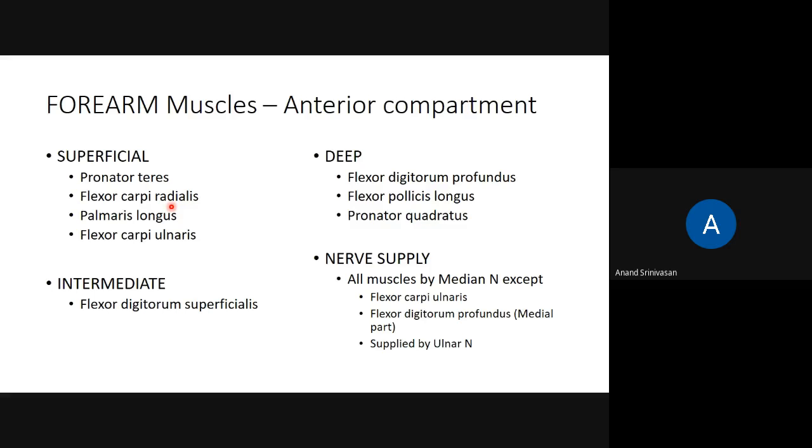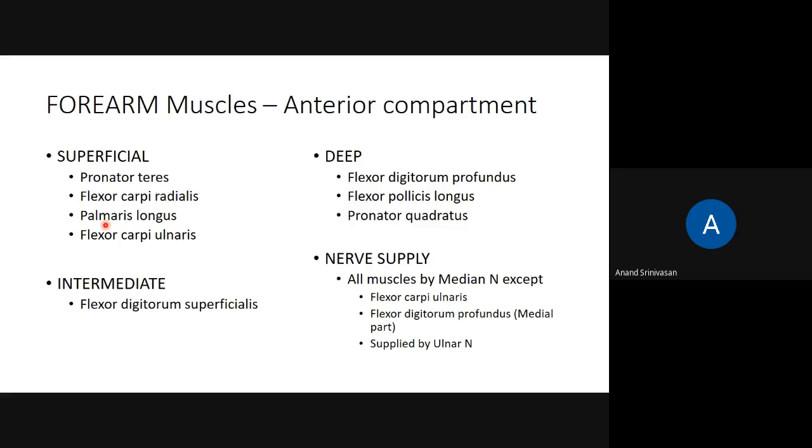The radial bone, along the radial side. So it's called flexor carpi radialis. So the next muscle after pronator teres is the flexor carpi radialis. The next muscle is palmaris longus.